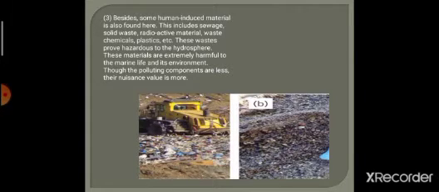These materials are extremely harmful to marine life and its environment. Though the polluting components are less, their nuisance value is more. Even though the quantity of the components polluting the ocean water is less, their harmfulness is more as compared to it.